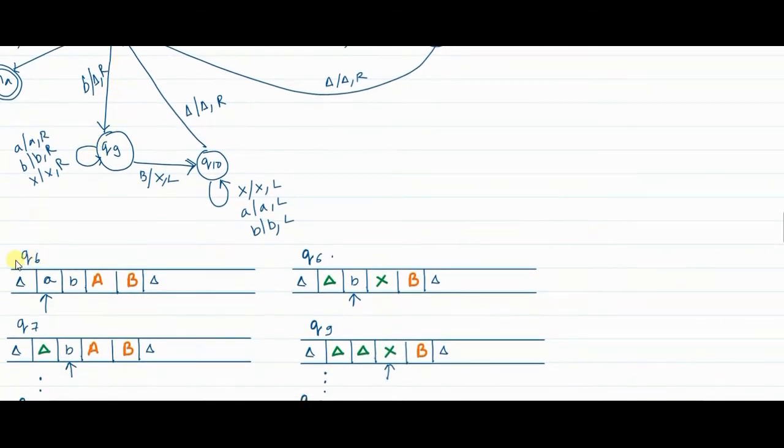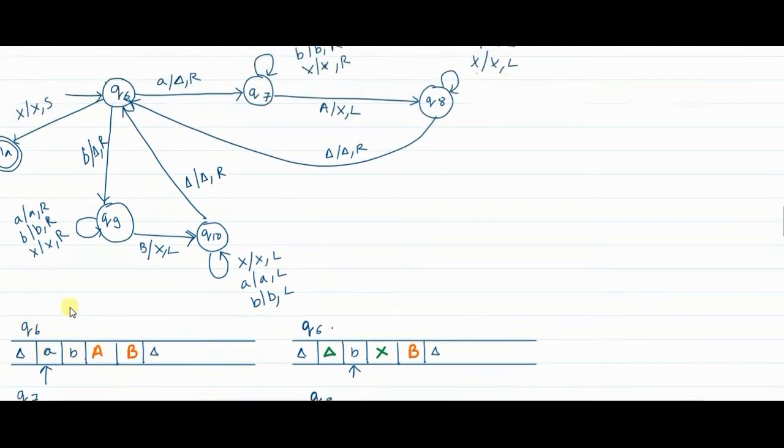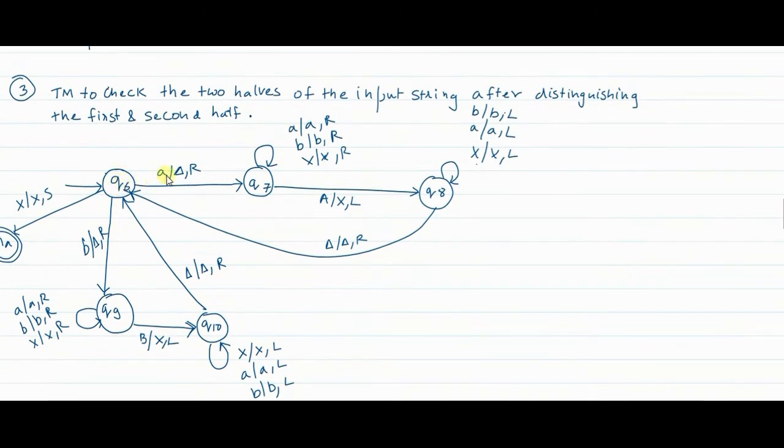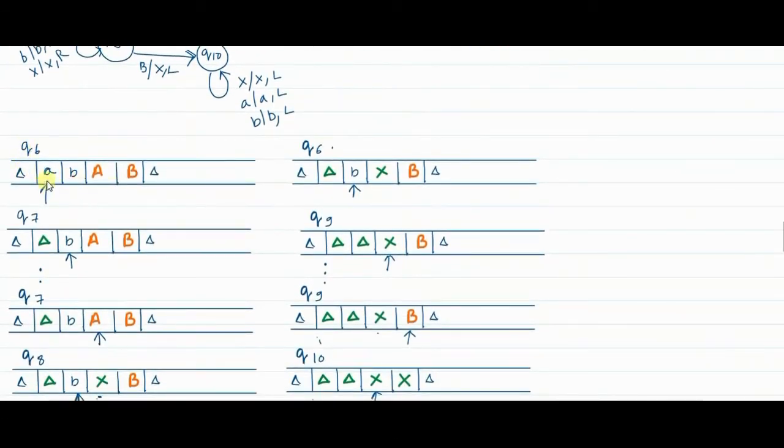So let's start. Let's see how it will compare whether the first half and second half are the same. In Q6, when small a is encountered, we erase that small a, replace it with delta, the pointer moves to the right, and we go to the Q7 state.